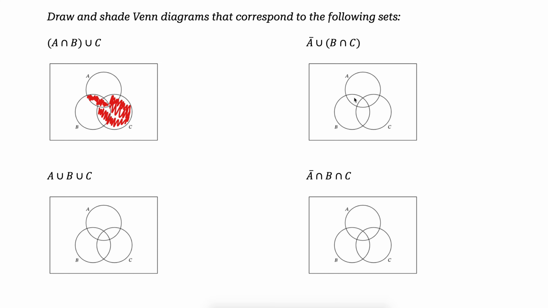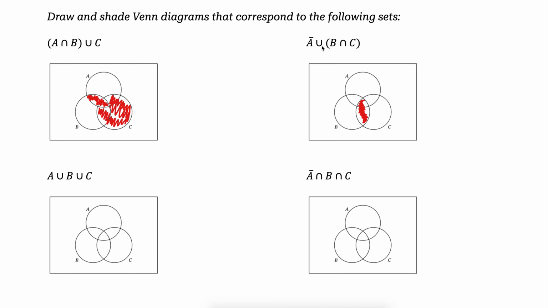Now moving to the right, I have the complement of A unioned with the intersection of B and C. So the intersection of B and C, where B and C overlap, we're dealing with this.